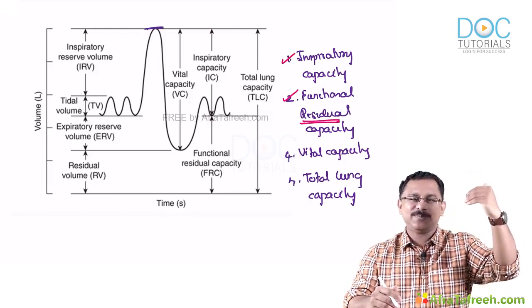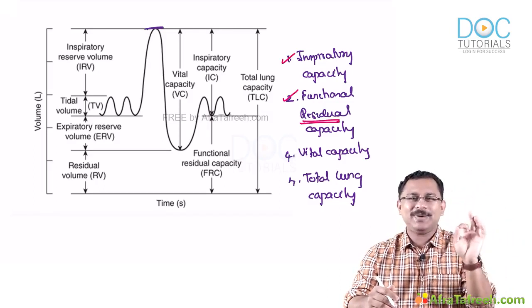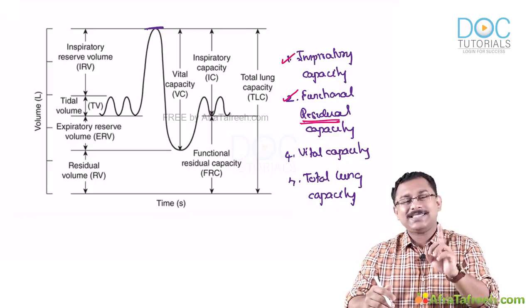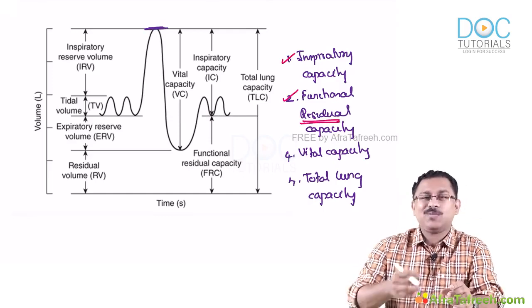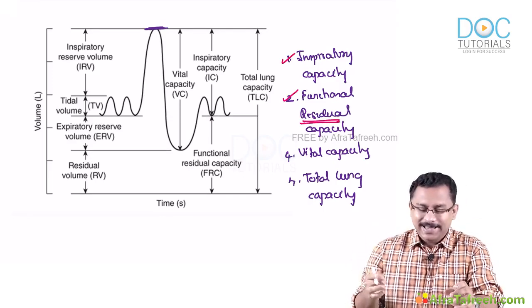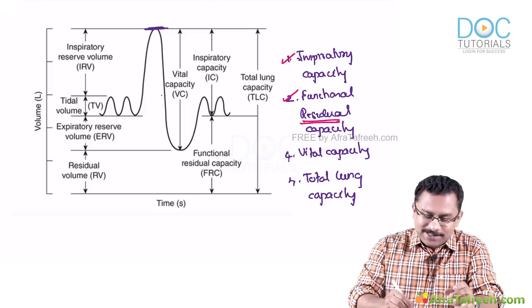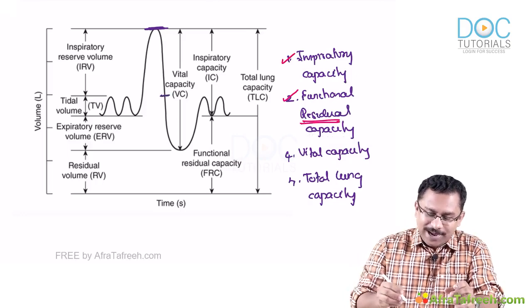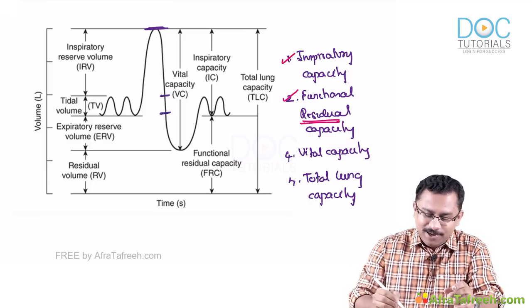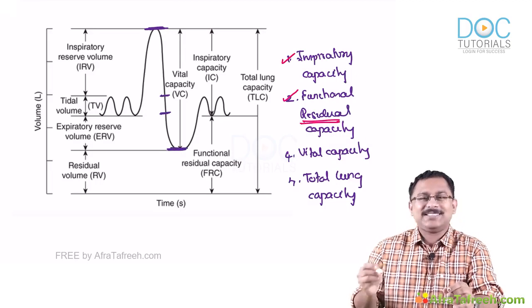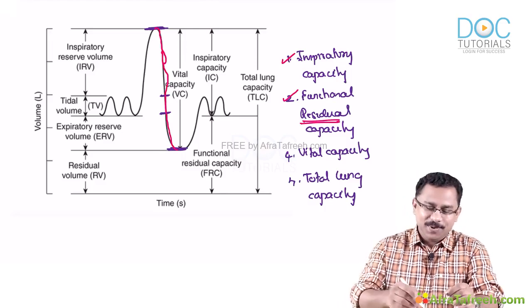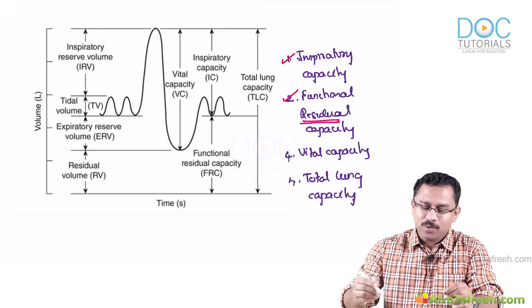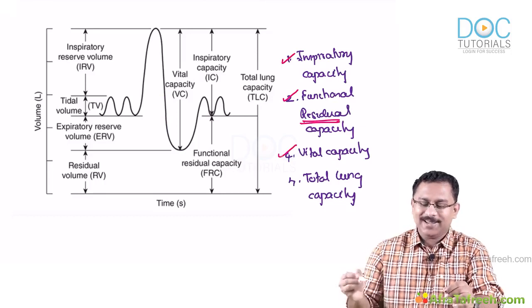Now after this maximal inspiration, what is the maximum amount of air that can be expired? It will be the sum total of your inspiratory reserve volume, your tidal volume plus your expiratory reserve volume, because a person can expire up to this much. Very, very important. So that is what you call your vital capacity.